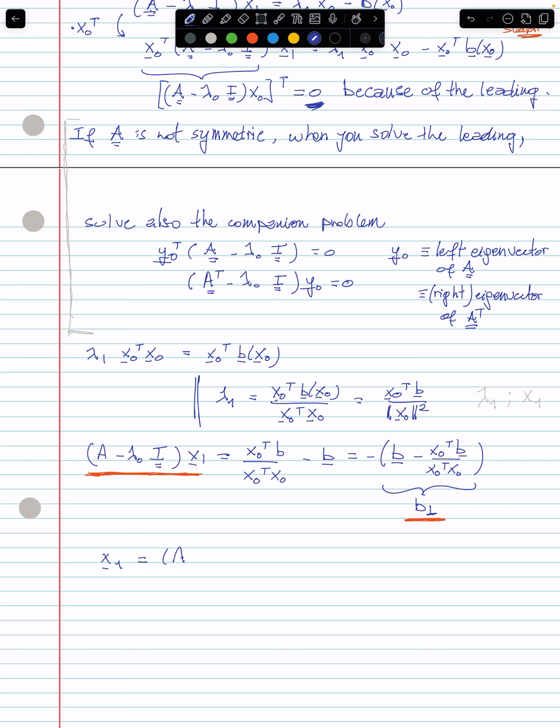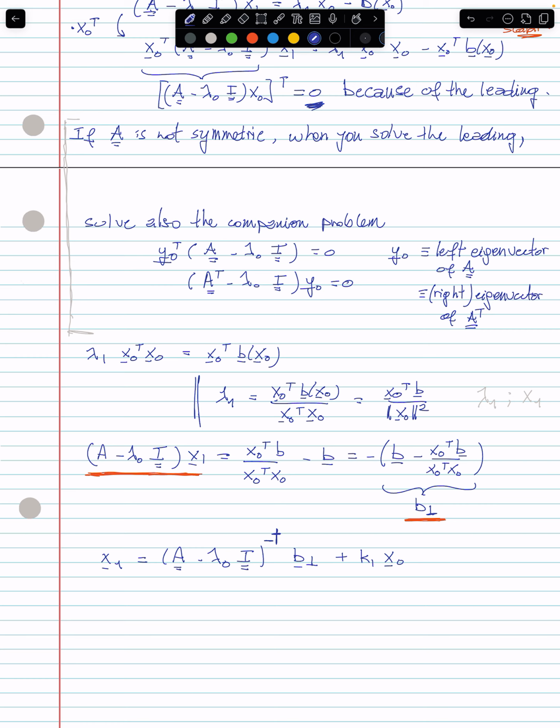Let me just write A minus lambda 0 I inverted, using a pseudo inverse because the matrix is singular, multiplied by the component of b orthogonal to x0. And because the matrix on the left is singular, actually we can add any arbitrary component along x0, and that would still satisfy the governing equation, right?